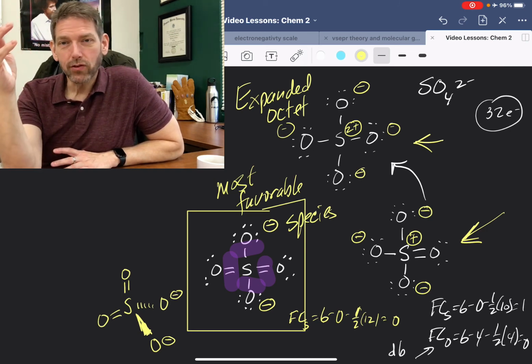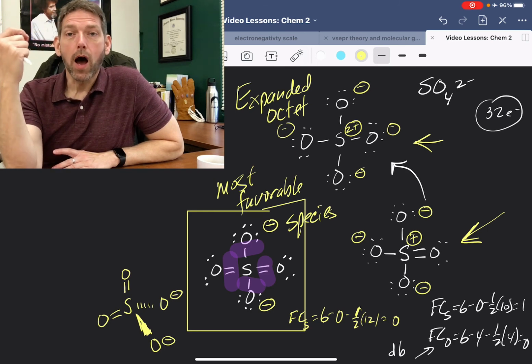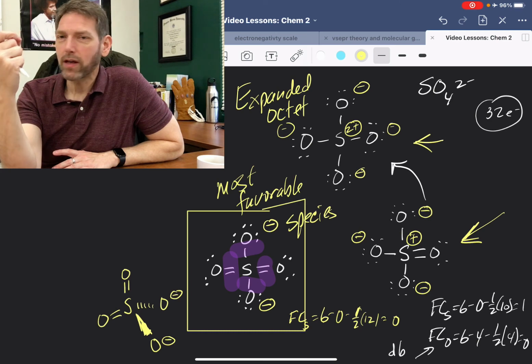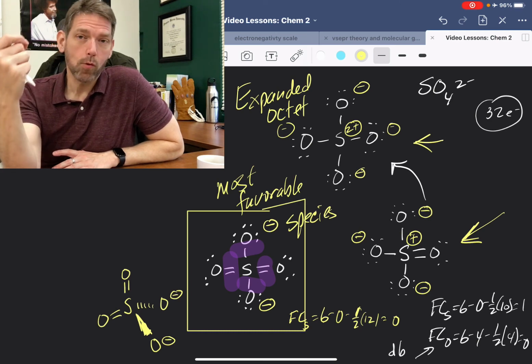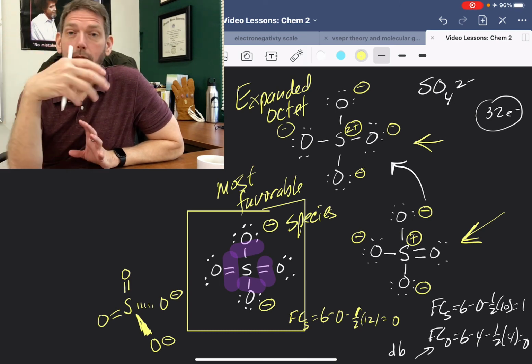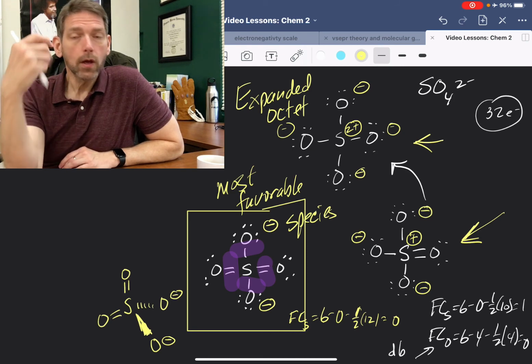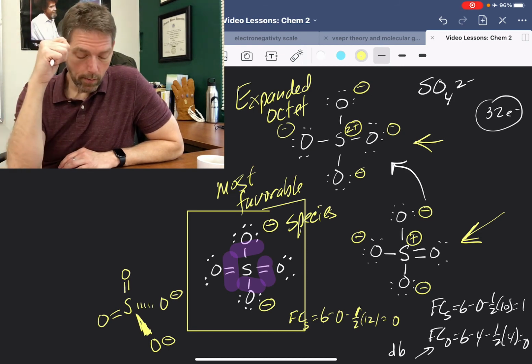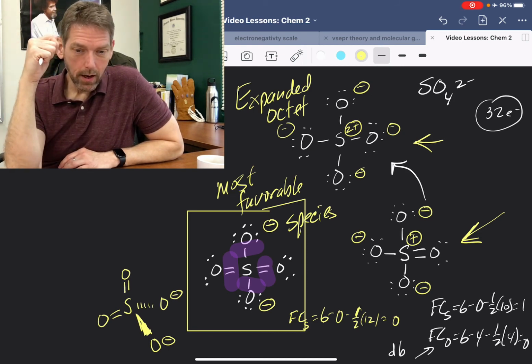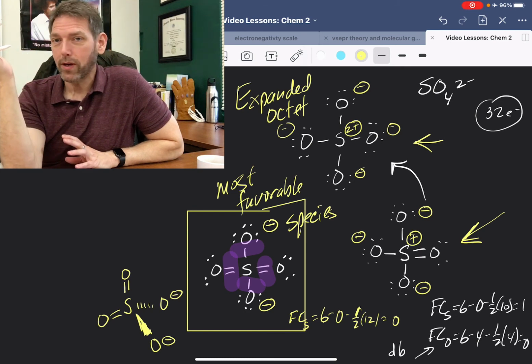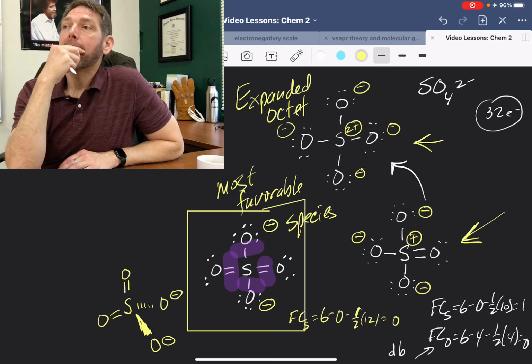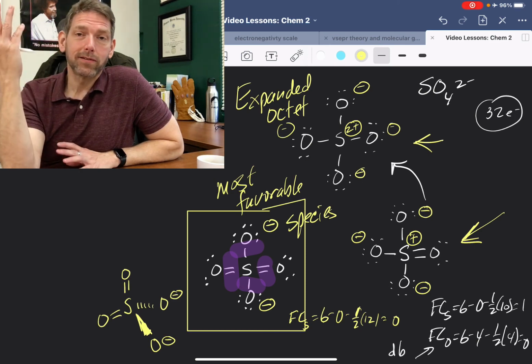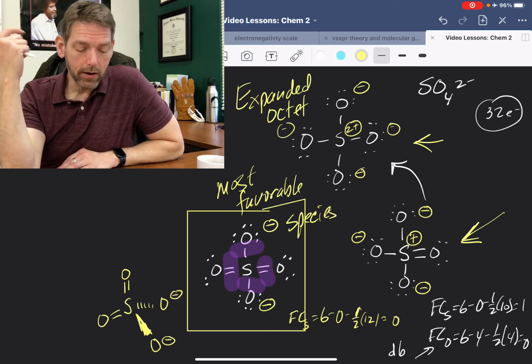But things like nitrogen will sometimes carry an odd number of electrons and still have the best overall lowest formal charge for each atom and the overall molecule. Of course, it affects its polarity. You just have to know that nitrogen is one of those that's going to do it. And that's really it.